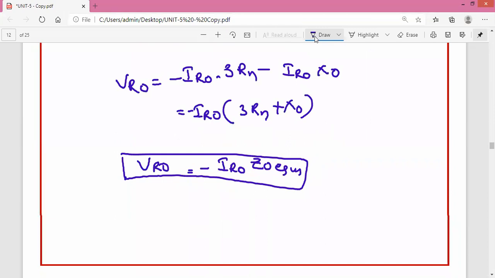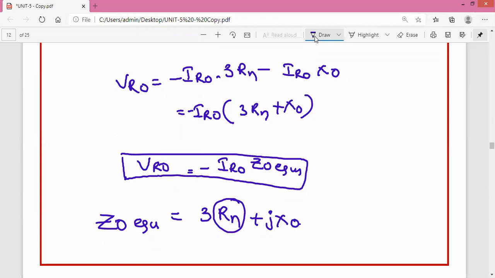SPDCL 2014, it has been asked: the equivalent zero sequence impedance of a zero sequence component is 3Rn plus jX naught. So what is this value of Rn? Resistance grounding. If the grounding is taken with respect to an inductance, then this is the value.